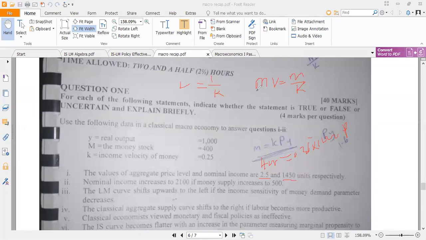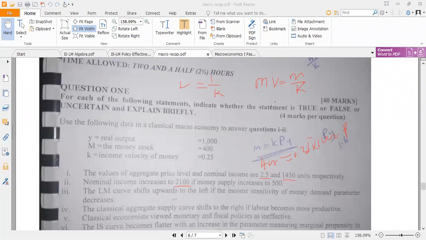As I said, M times V, or M over K, is your nominal income. Now M is no more 400, but 500. So what is 500 divided by 0.25? It's 2,000. So it hasn't increased to 2,100. This statement too is false.